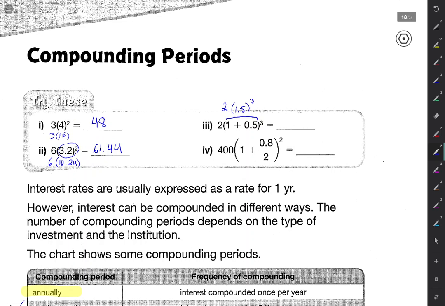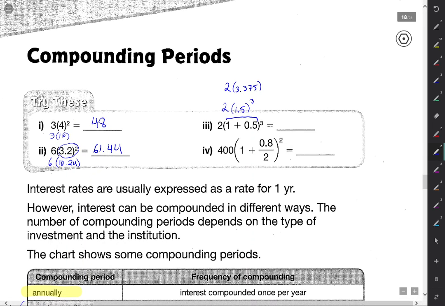Then I would do 1.5 to the power of 3 in my calculator first, and you would get 3.375, and that's going to be times 2. So then your final answer would be 2 times 3.375, which is 6.75.